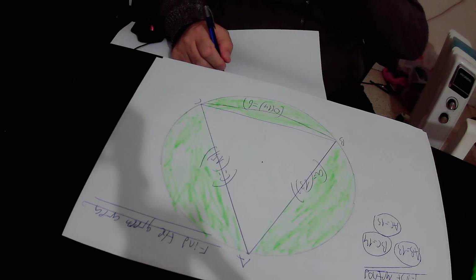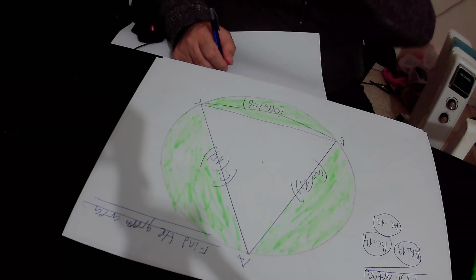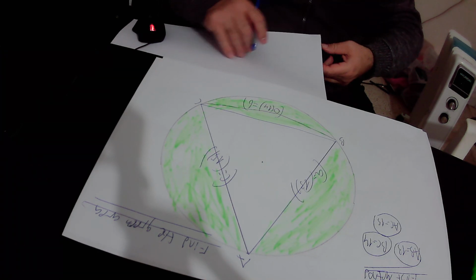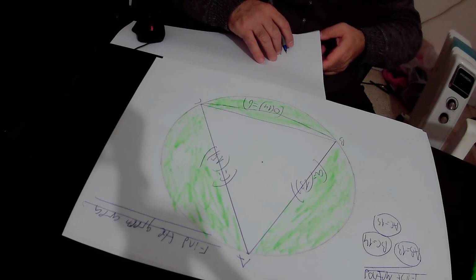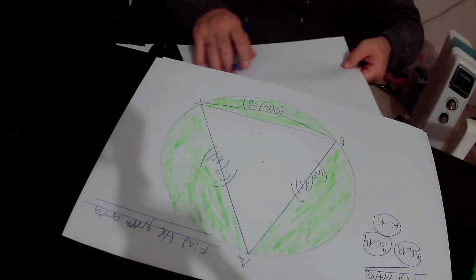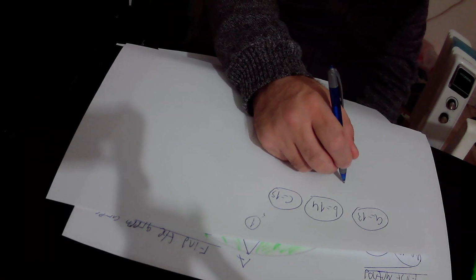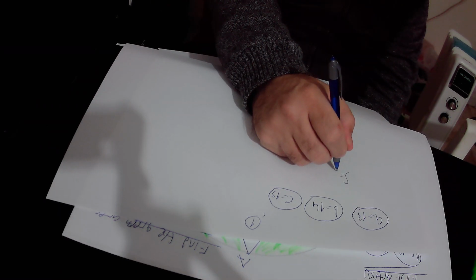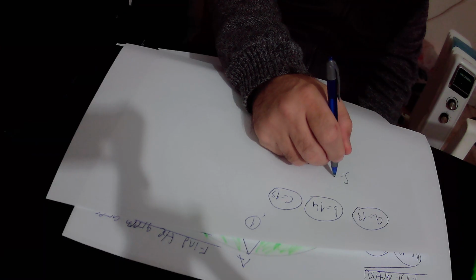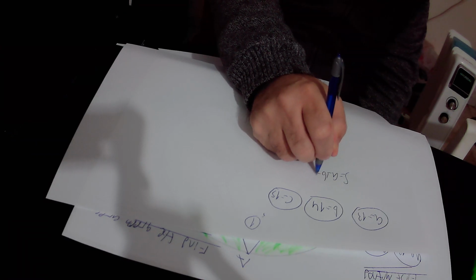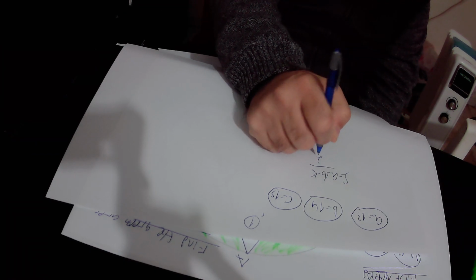In the next step, we'll calculate the semi-perimeter of triangle ABC. The semi-perimeter equals the sum of its side lengths, a plus b plus c, over 2.